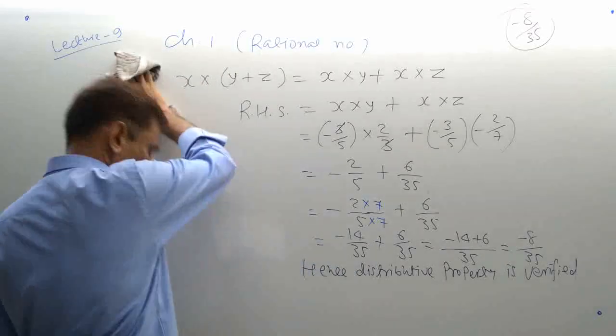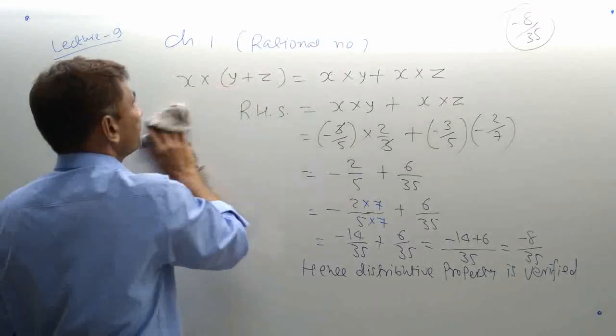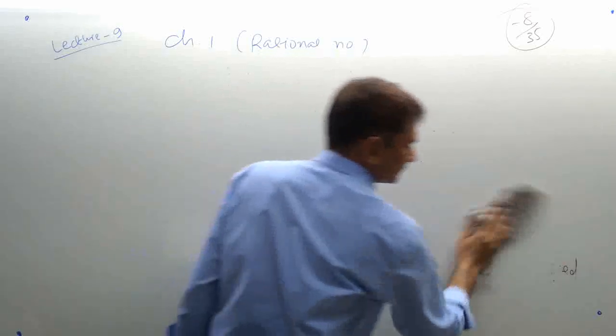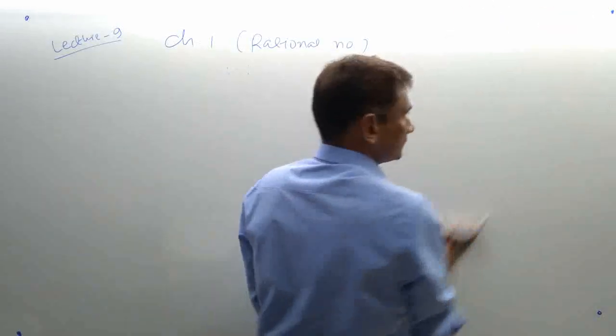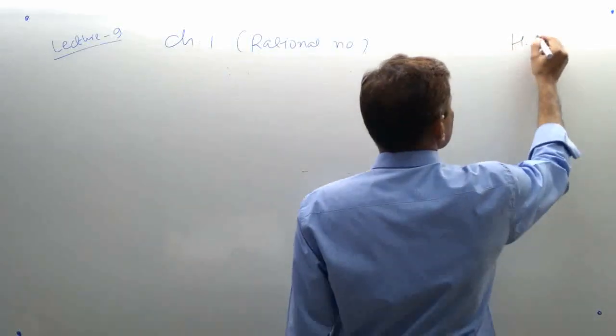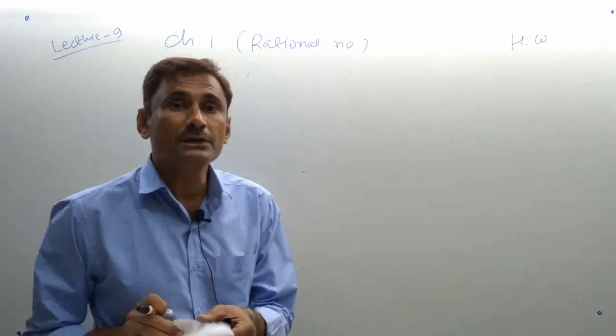First of all I am writing here: homework. I will not remove it. It will be here only. First of all I am giving you the address of that particular question.